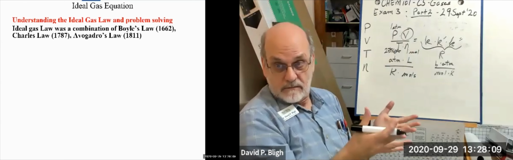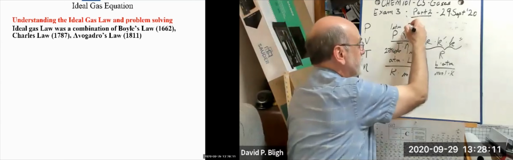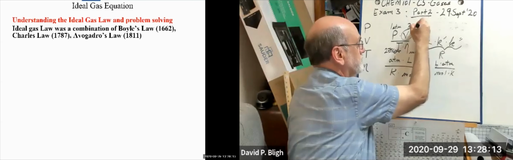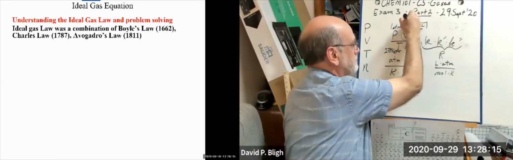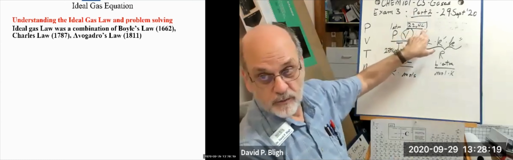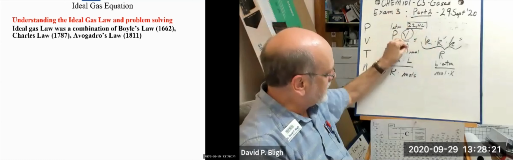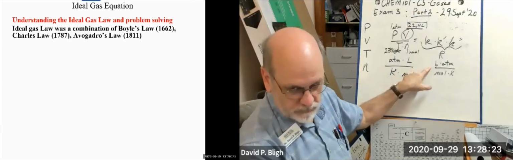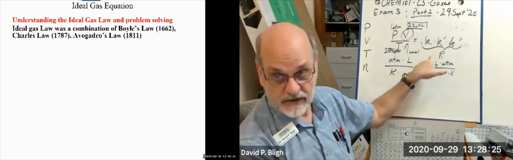You can measure it. And we measure the volume at 22.4 liters. So for those values, 1, 273, 1, and 22.4, combine those together, you get the magnitude of this constant.